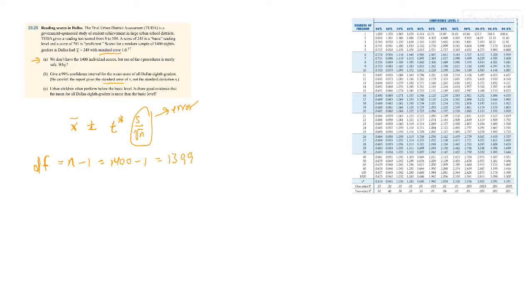Now, if we go over to our table, we can see that we only go up to 1,000. So we're just going to go with the 1,000 here. Our 1,000 row gives us, and then we look for the 99% interval here, and we get this number here, 2.581. I believe that was in the 99 percentile. So this is our T statistic right here.